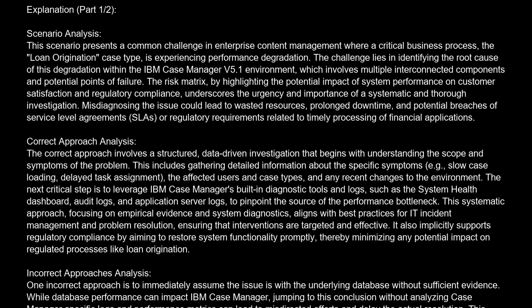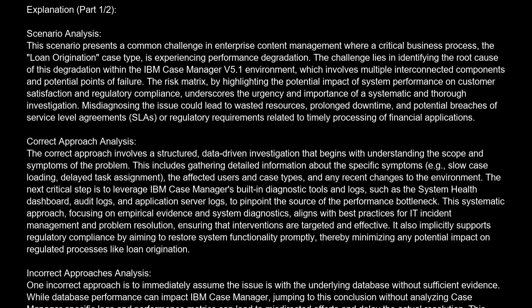Explanation. Scenario analysis. This scenario presents a common challenge in enterprise content management where a critical business process, the loan origination case type, is experiencing performance degradation. The challenge lies in identifying the root cause of this degradation within the IBM Case Manager v5.1 environment, which involves multiple interconnected components and potential points of failure.